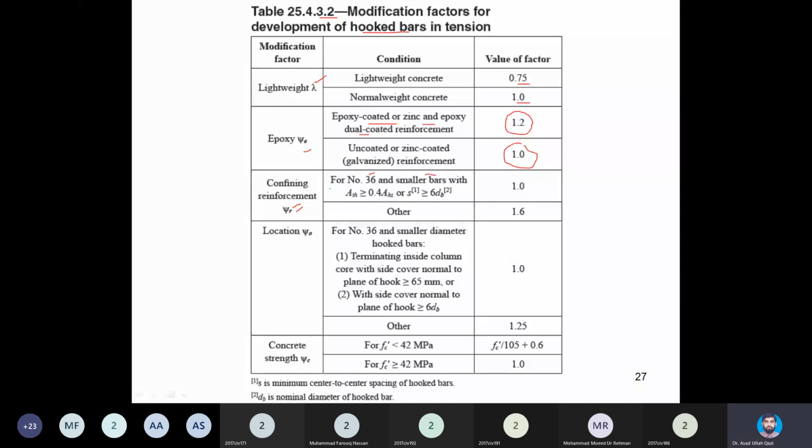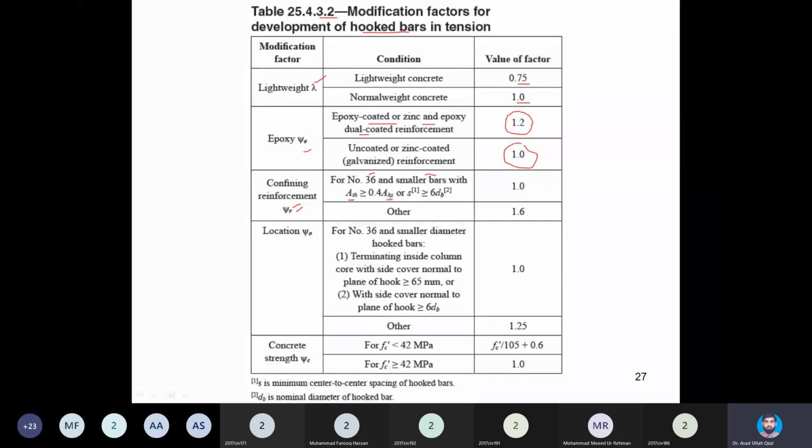So number 36 is the maximum dia up to which ACI is recommending the guideline. So number 36 and smaller bars with ATH greater than or at least equal to 40% of AHS. I will explain this ATH and AHS on the next slide. So please hold, and at the moment just keep this direct recommendation in mind.